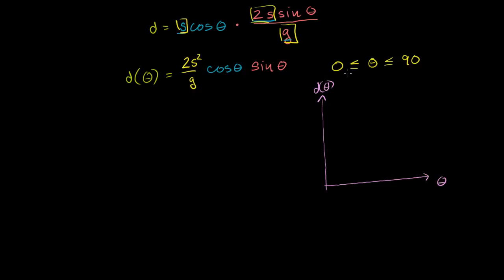And we care about angles between 0 and 90 degrees. So this is 0 degrees, this is maybe 90 degrees right here. The graph of this function will look something like this.